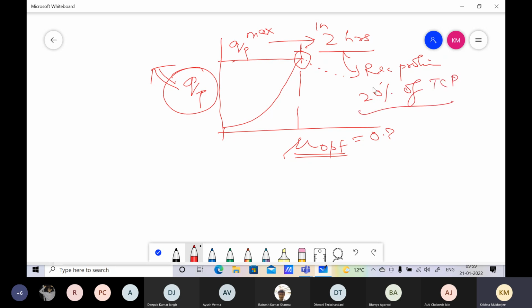So this process of making recombinant protein 20% of cellular protein is achieved only when QP is equal to QP max, which is achieved when mu is at optimum. Let us say QP is proportional to mu, in which case it's a straight line, which is growth associated product formation.